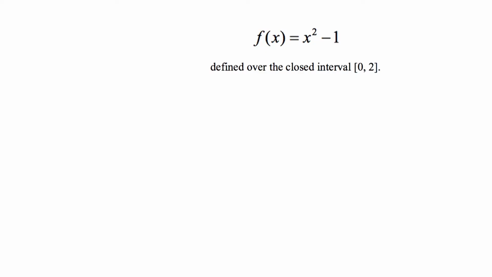But if the domain contains infinitely many points, so does graph of f, and thus it is not possible to plot all points on the curve as done in the previous example, where there are only 3 points. For example, consider the function f(x) equal to x square minus 1 defined on the closed interval [0, 2].